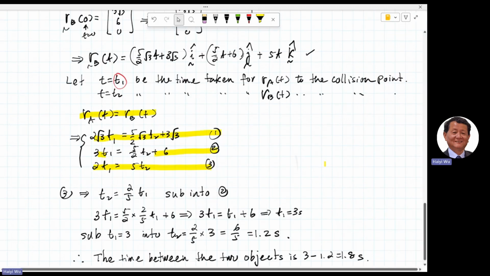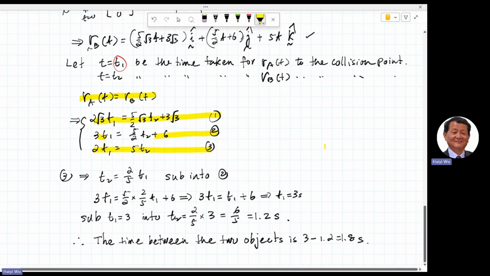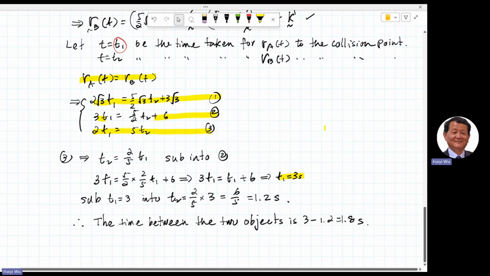Solving from equation 3, T2 is 2 over 5 times T1. Substituting into equation 2, T1 is 3 seconds. Then we find T2 by substituting into equation 3, so T2 is 1.2.